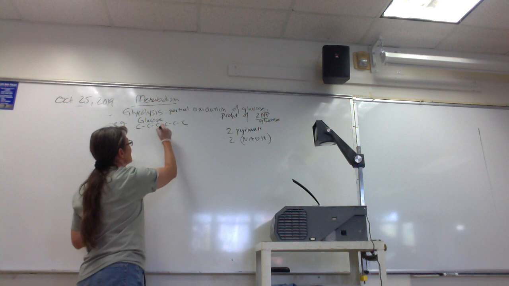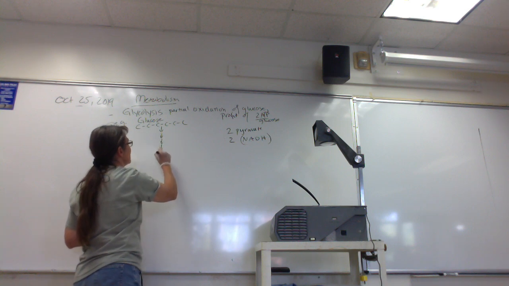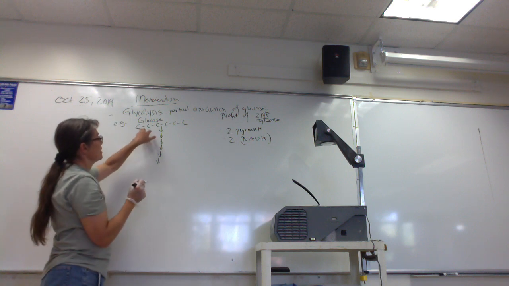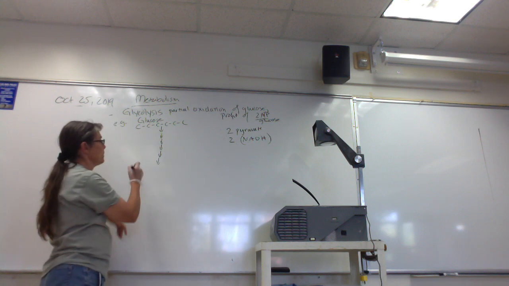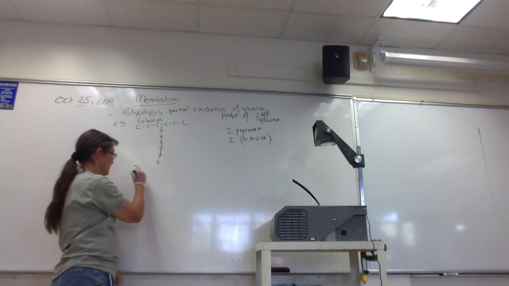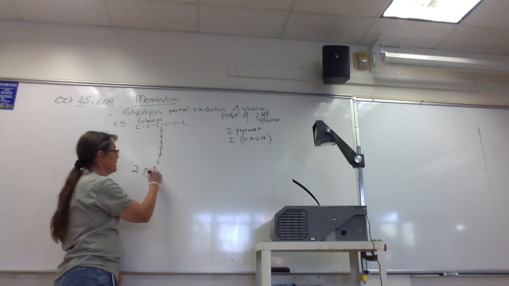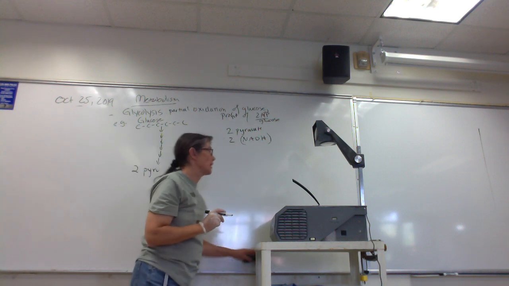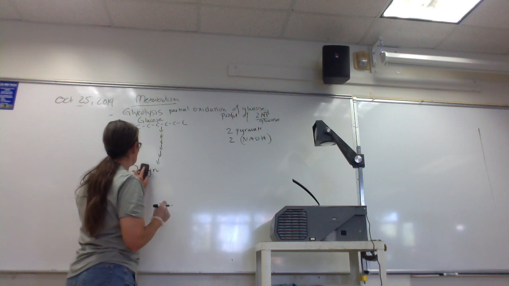So if I use a series of arrows to represent the 10 enzyme catalyzed reactions, right? So here at the bottom, our 6 carbon glucose will end up as 2 pyruvate or pyruvic acid.